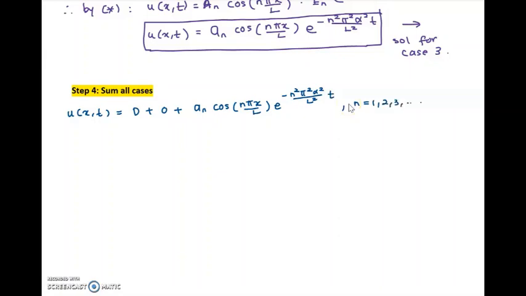Okay, so we have lots of solutions, because n is a lot.